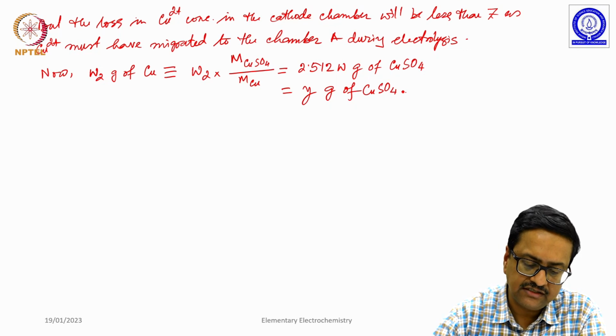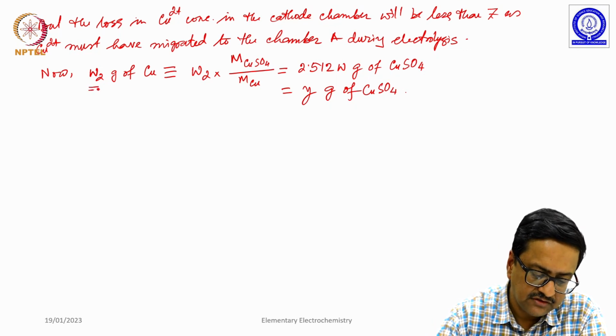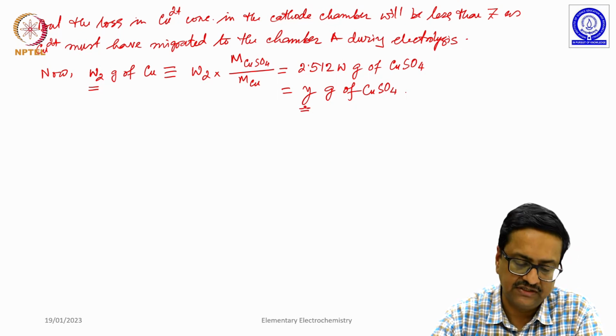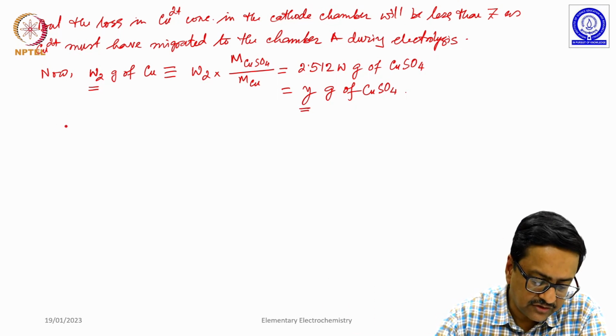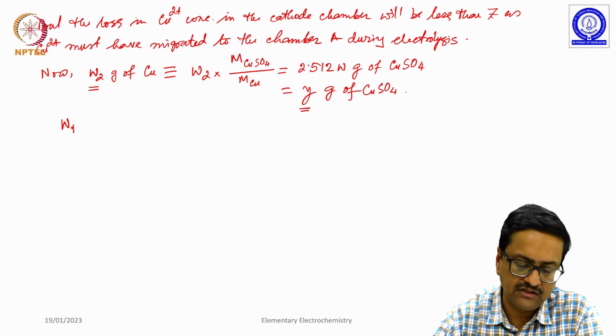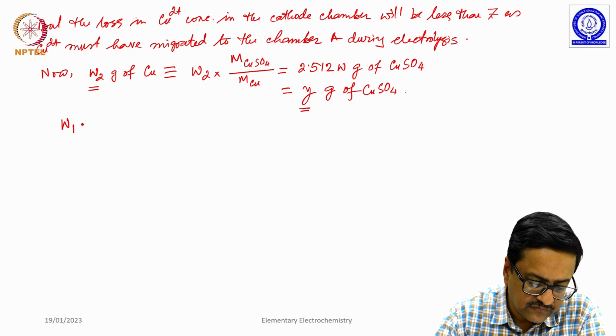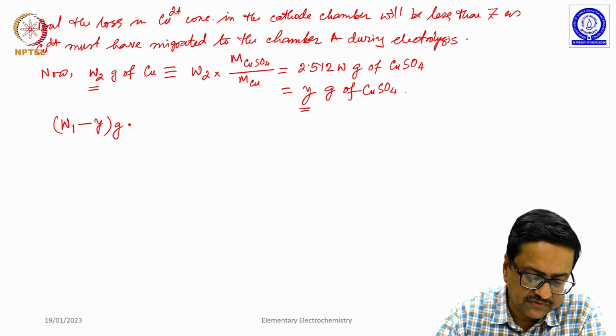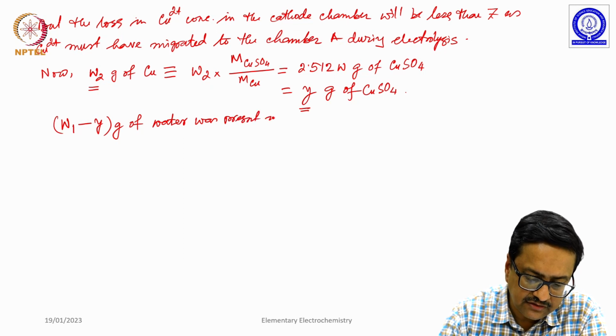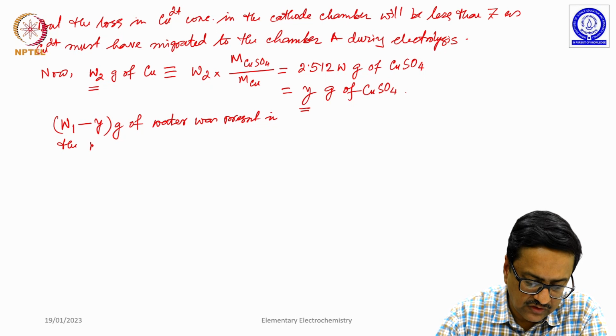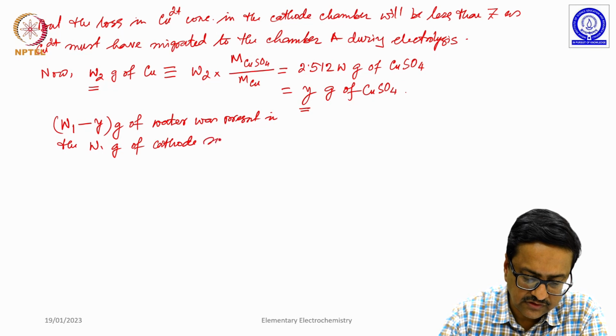So, when we analyzed the cathode chamber, we got W2 gram of copper, which corresponds to Y gram of copper sulphate. And we had W1 gram of cathode solution which was removed. So, W1 minus Y is the amount in grams of water present in the W1 gram of cathode solution.